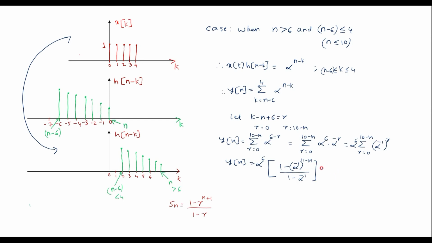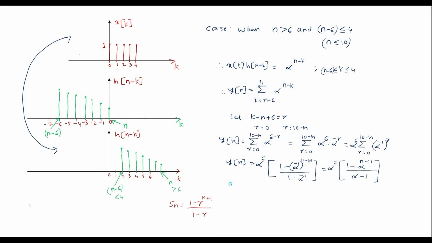So now further I can simplify this. At the denominator we have 1 minus alpha inverse. Alpha inverse is nothing but 1 upon alpha. I will take that alpha to the numerator, it will become alpha raised to 7, and I'll simplify this further as 1 minus alpha raised to minus 11. So this can be represented as alpha power n minus 11 divided by alpha minus 1.